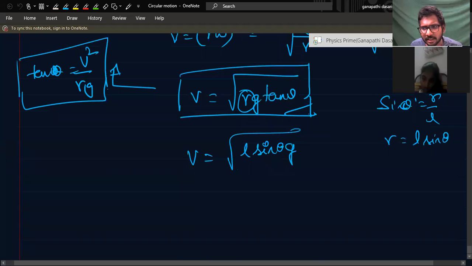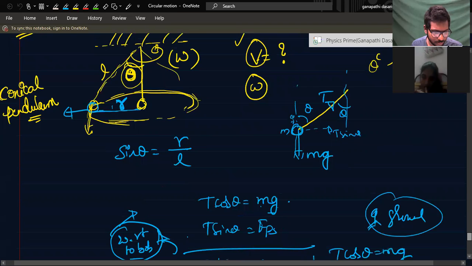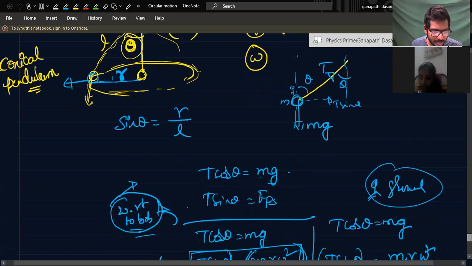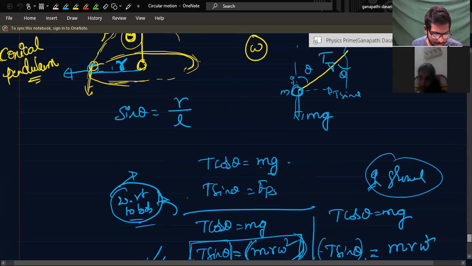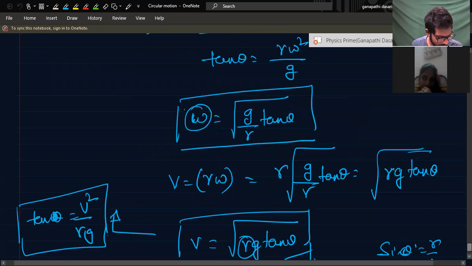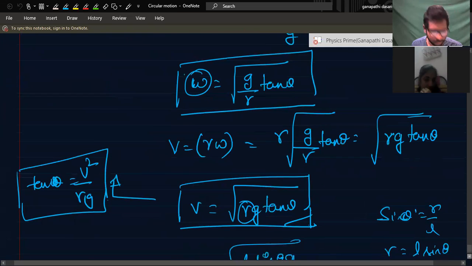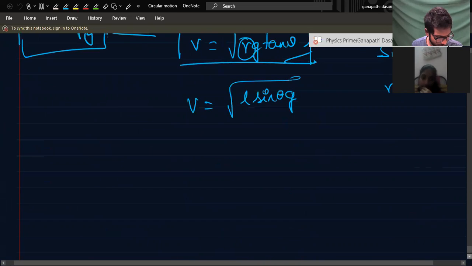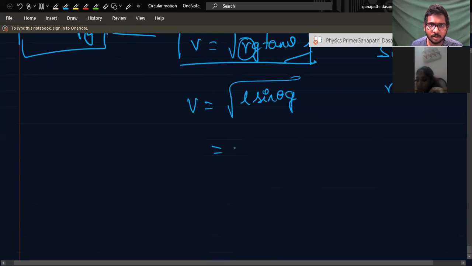Tan theta can be written as sin theta by cos theta. Sorry, let me check it. Sin theta is equal to r by L. R is equal to L sin theta. Why is the answer not coming? Cos theta is equal to r by L, sir.